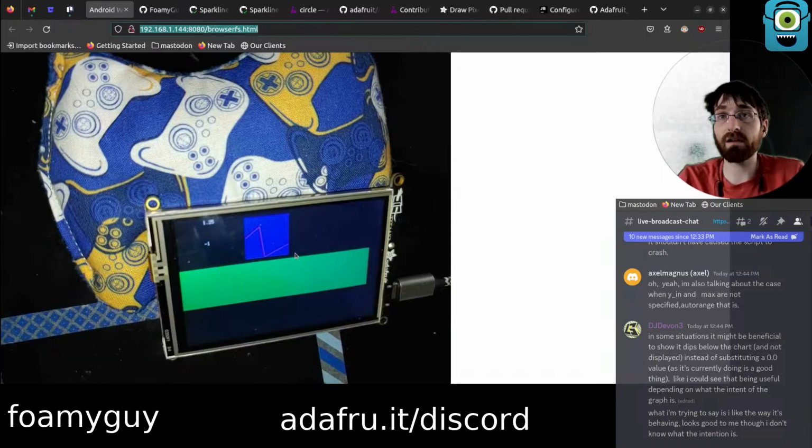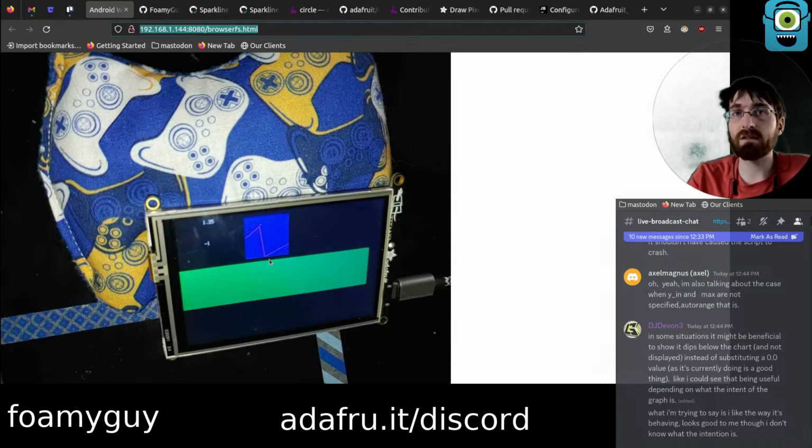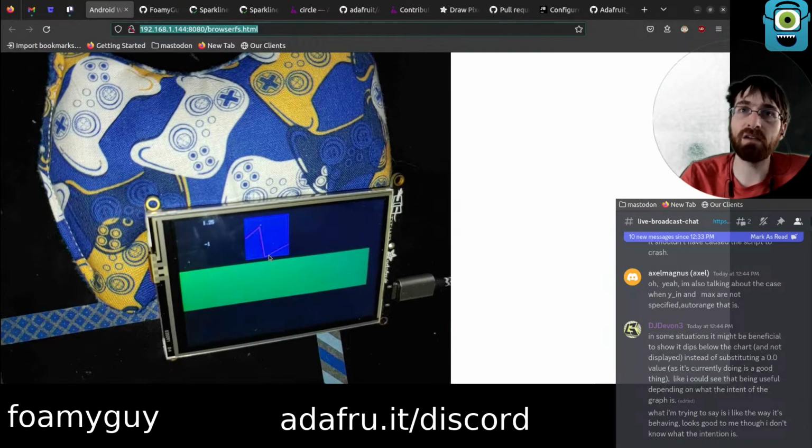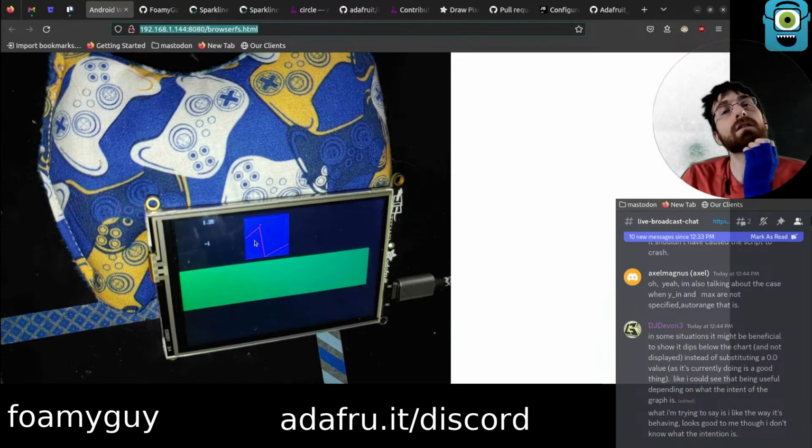So I think that this is probably a good thing. I still don't have the full picture, but I think the behavior change here is probably part of the puzzle as to why this crashes on the new one versus the old one.